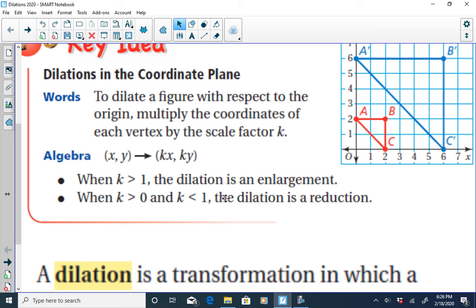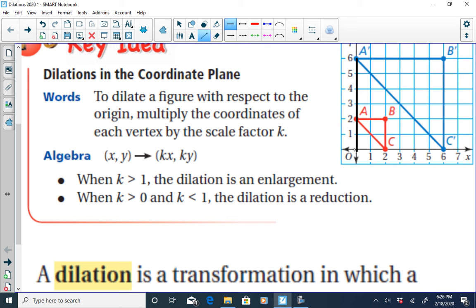All right? And when we draw a dilation, if we have our origin as the center of dilation, if I draw a segment from the origin, a segment from the origin should pass through each of the corresponding vertices.